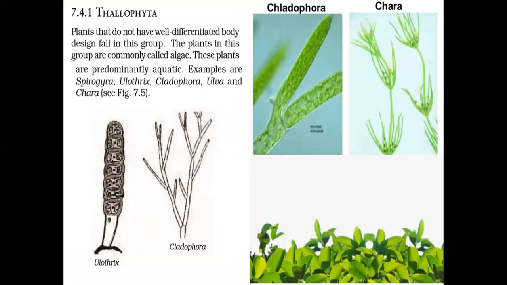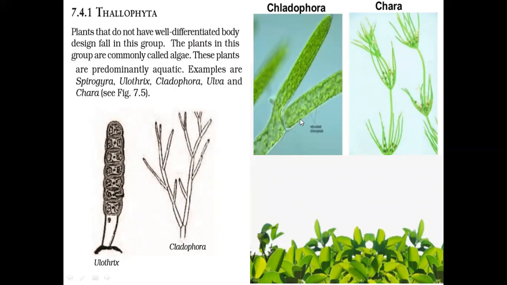We'll go to the first subgroup, that is Thallophyta. Here we see that these plants do not have a well differentiated body design. The plants in this group are commonly called algae. They are predominantly aquatic. These are Spirogyra, Ulothrix, Cladophora, Ulva, and Chara.